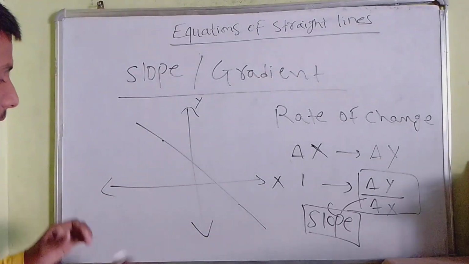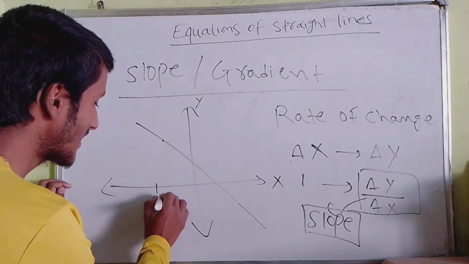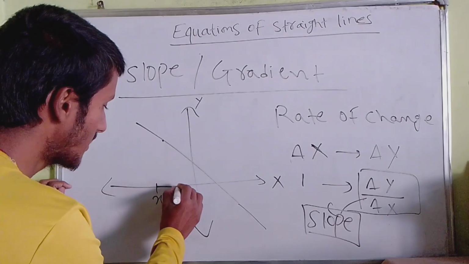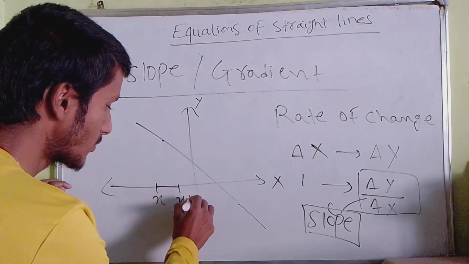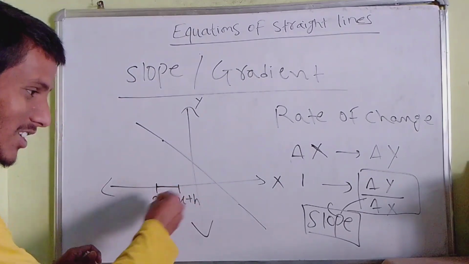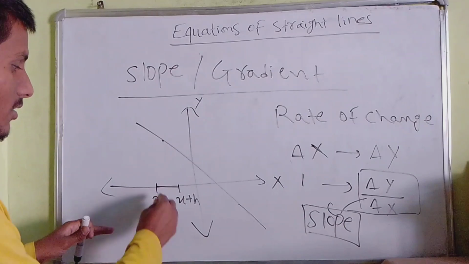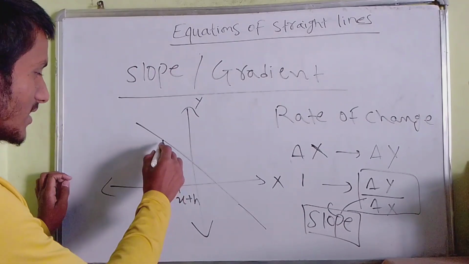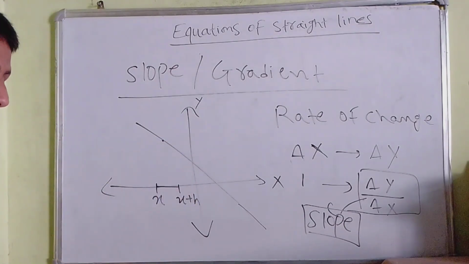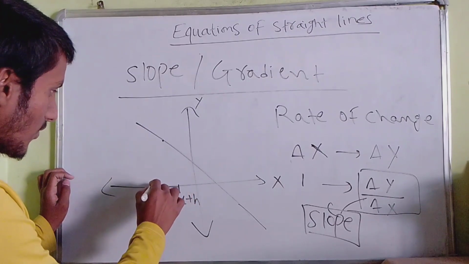How do you know it's a negative slope? Let's say this is x. If you move a little from there to this, let's suppose this is x plus h, because something is added to that. If you increase x a little, or move forward, then y gets decreased.